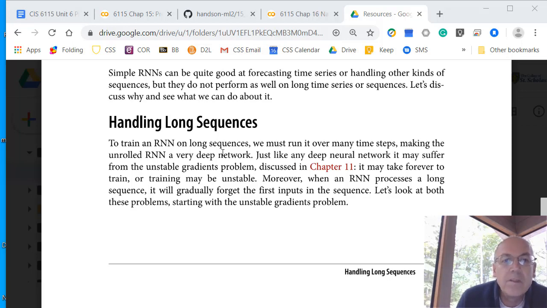This is particularly important with language, where you might have a noun at the very beginning of a long sentence, and then towards the end of the sentence, you want to refer back to that noun with a pronoun, and you might need to know the gender of that noun. But it was a long time before, and your network might forget what that value is.